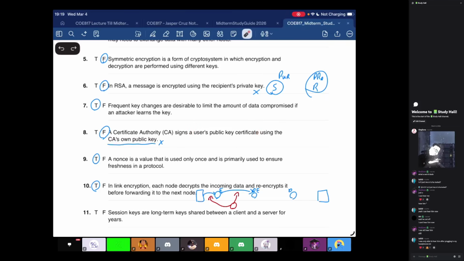Well, this statement is not true, because the CA would give others its public key, right? So the CA would give its public key to its recipients or other parties, and then the CA would sign the user's public key with its own private key. So there should be private key instead of public key. That's what's false in this statement. If this said private key, that would make the statement correct.